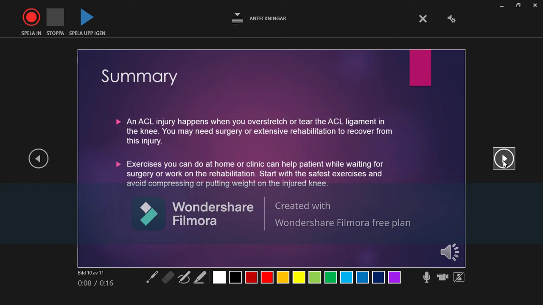Also, we always have to start with the safest exercise and avoid compression or putting weight on the injured knee. So we gradually increase our loading plan at a later stage.